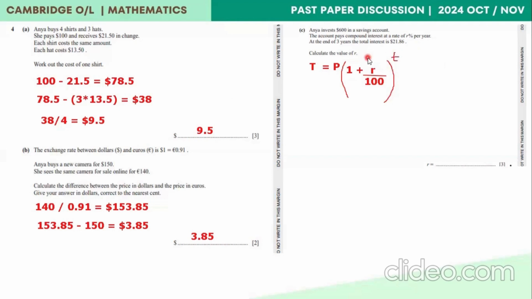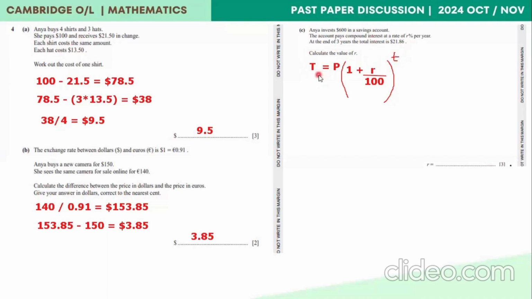So now we know the principal is $600 and the time is 3 years, but our total is going to be 600 plus 21.86. That is because they have told us that at the end of 3 years, the total interest is 21.86. Usually in the compound interest formula, you will get the total at once.